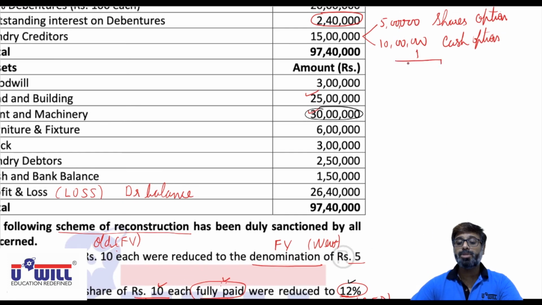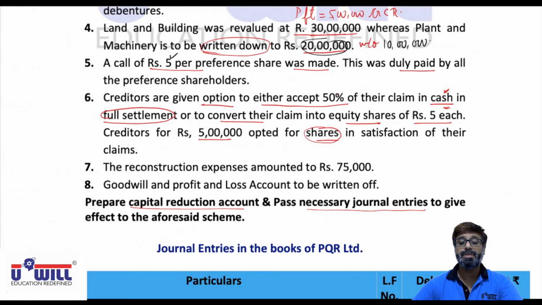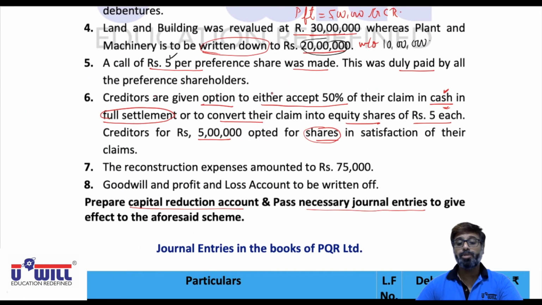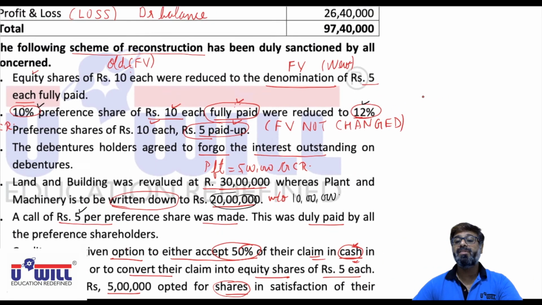Now here what is the option? 50% amount only we will pay in cash. See the adjustment. Creditors are given option to either accept 50% of their claim in cash, not full amount, 50%.